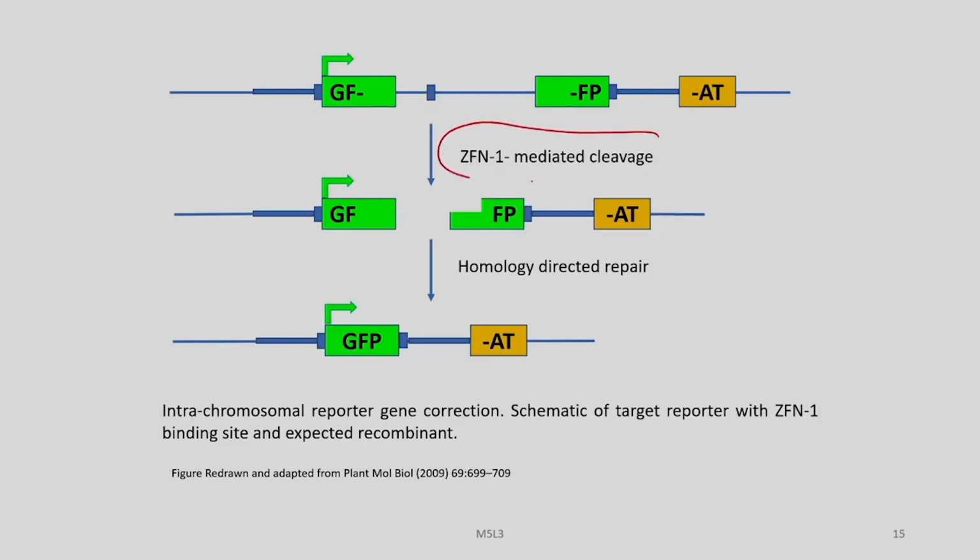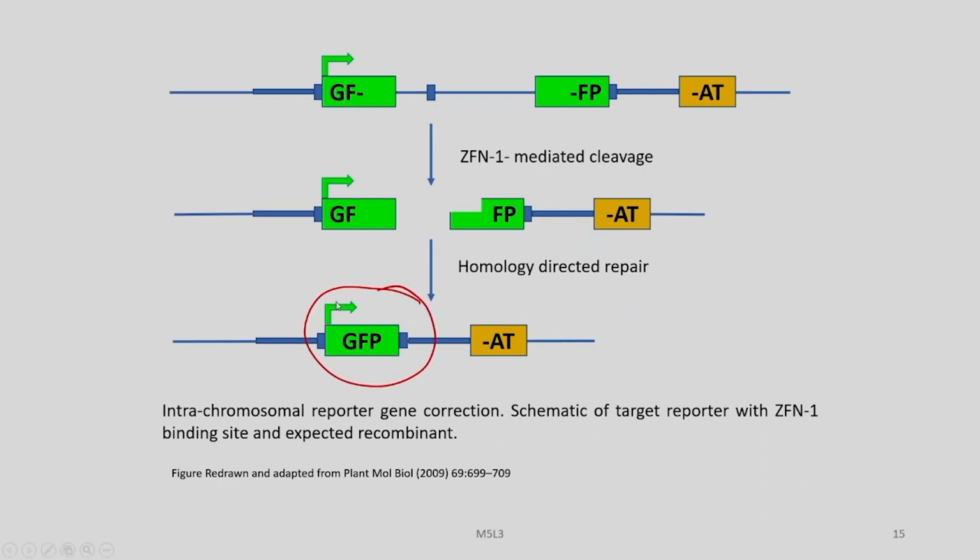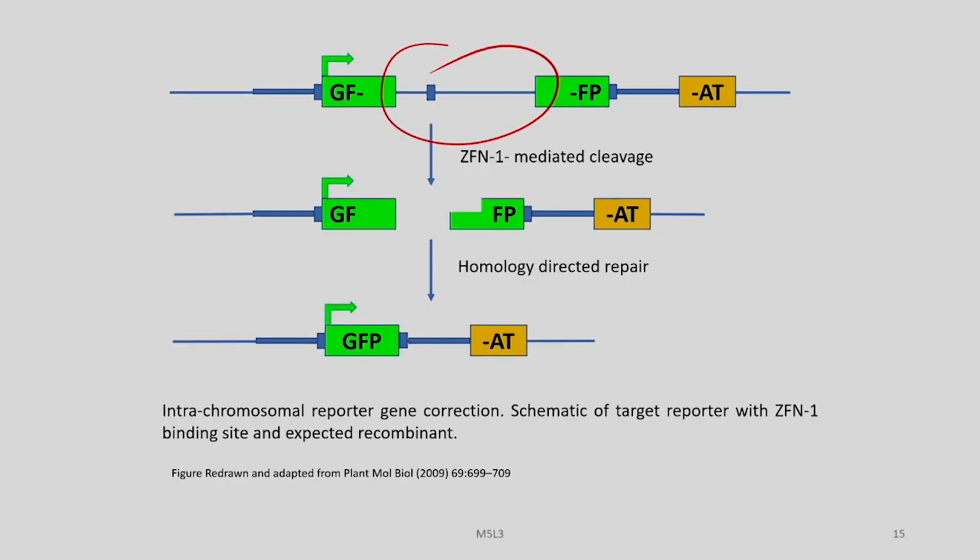So, upon ZFN mediated cleavage, these fragments will be lost, okay, and then the homology directed repair will take over, due to which these partial genes are joined together to form a complete gene, and we can now visualize the functionality of this particular protein, GFP, and we can select the mutants where these large deletions have been carried out.